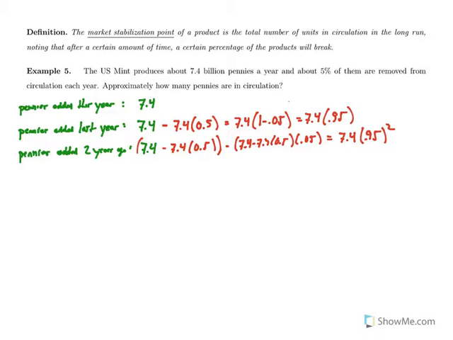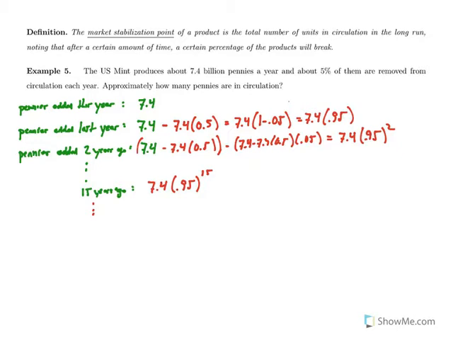If we think about this, what about the pennies that we added 15 years ago? Well, they're still in circulation, there's just less in circulation. There's going to be 7.4 billion, but we're going to have 0.95 to the 15 power.